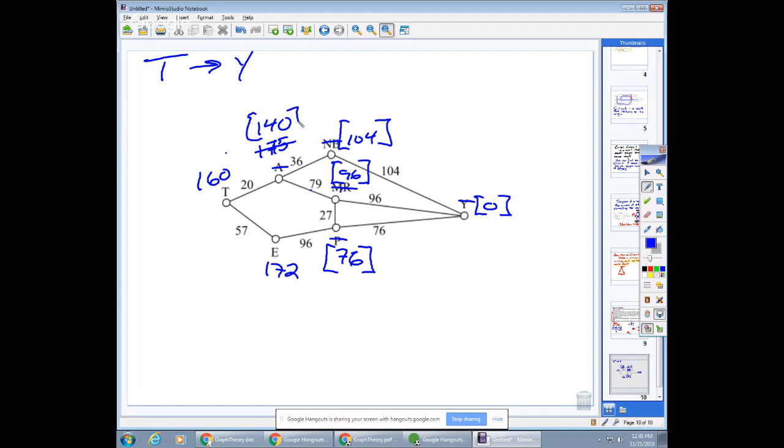I forgot to mark that as current, and that is the smallest number, and it makes me reach my destination. So we've just identified that right there as the shortest route. Okay. So we're going to keep looping through that step, looking at the smallest number we've written down each time to figure out how to get there.